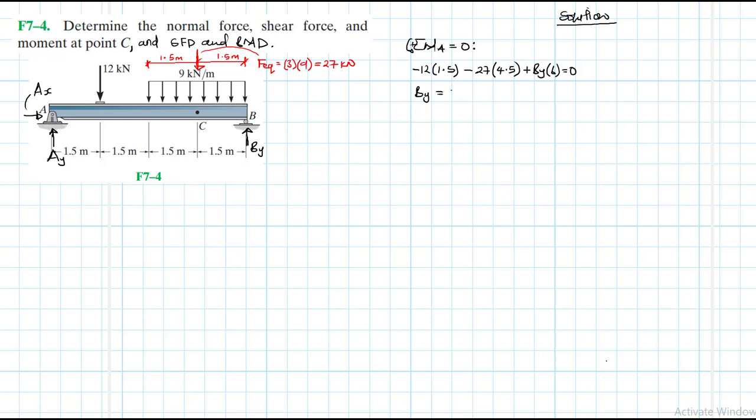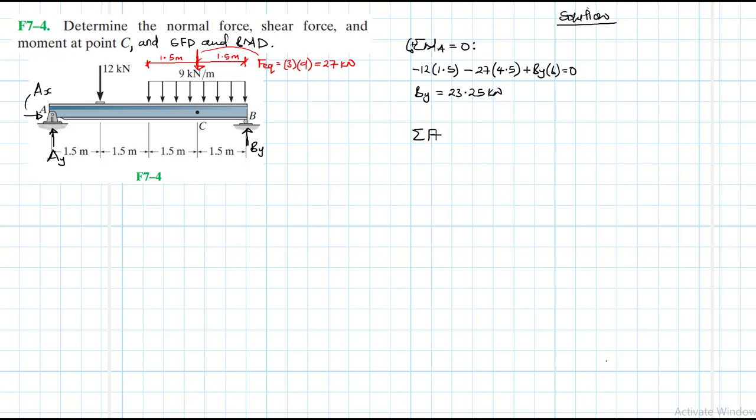So what do I get? I get 23.25. Let me repeat my calculation. So minus 12 by 1.5 minus 27 by 4.5, then divided by 6. So we have 23.25.